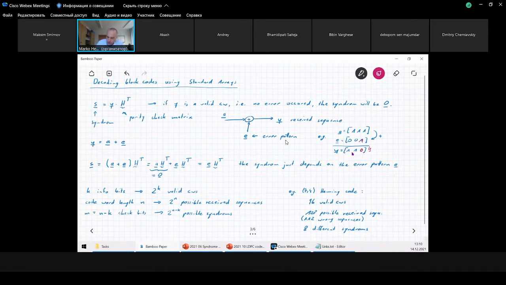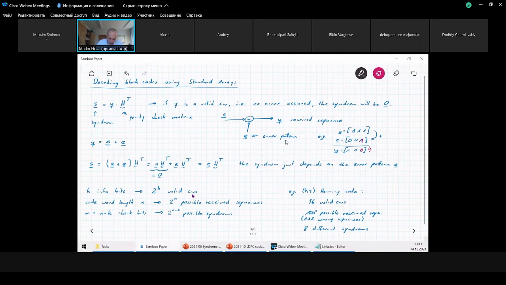So for Y 001, I will get the same syndrome as for 110, because the syndrome just depends on the positions of the errors, on the error pattern. This is important later on to understand this coset table correctly. So just the positions of the errors are important for the syndrome. The syndrome will not depend on the actually transmitted code word.